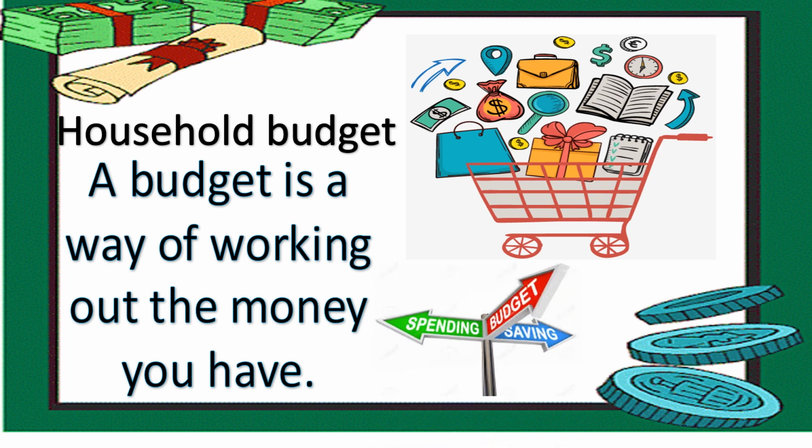So you have to know your spending, the budget, and also the savings. Of course, savings is very important for emergencies, for those unexpected things that you need. You should have your savings.